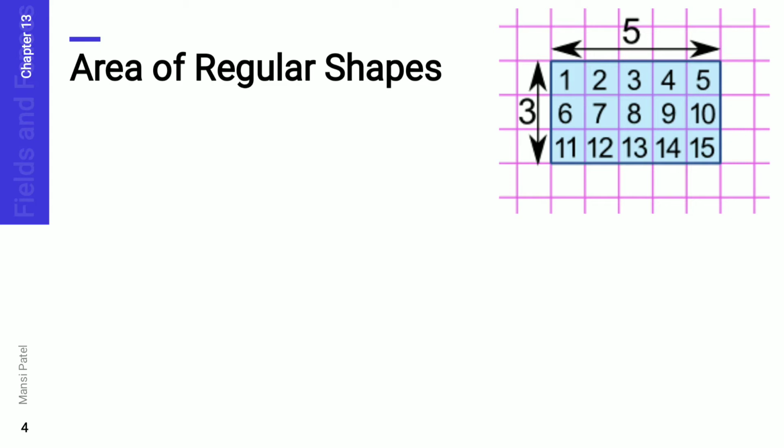You have to remember that whenever we have to find out the area, you have to see only and only the inside space. And when you have to find out the perimeter, you add all the outer sides, all the boundaries of the shape.